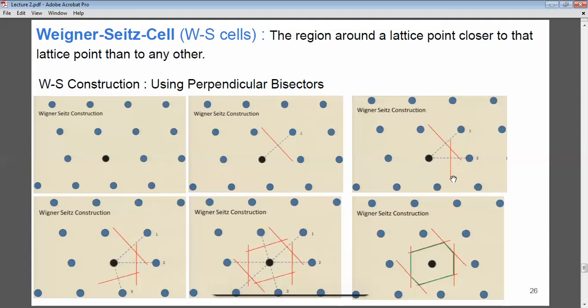We draw the perpendicular bisector. And now we know that everything on the right of the red line is closer to the black point than it is to the blue point. I do the same thing with point 3, with point 4, with point 5, and with point 6. Okay?